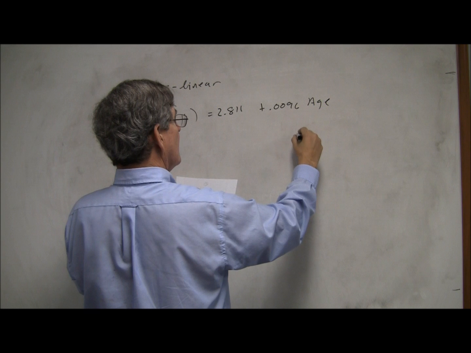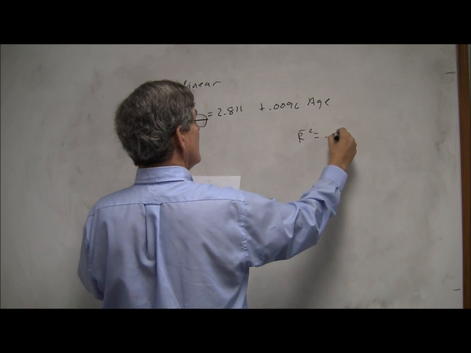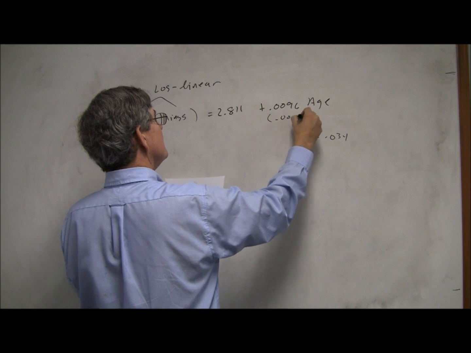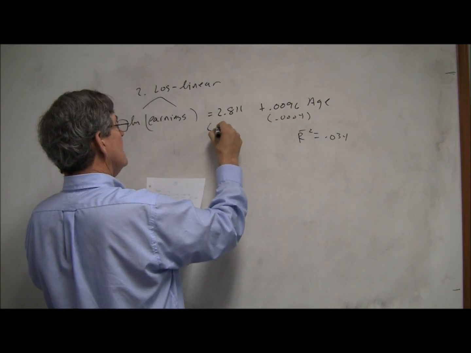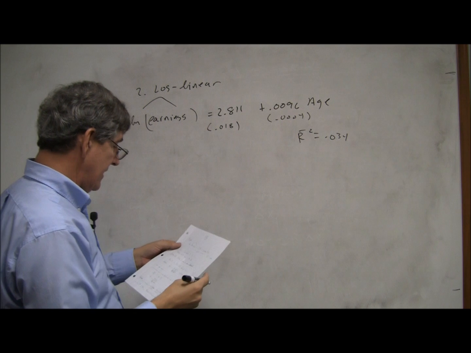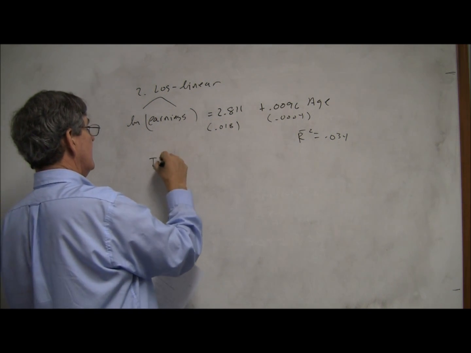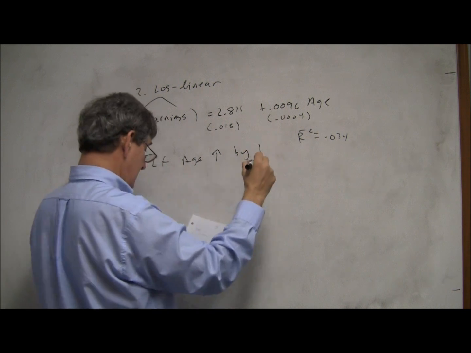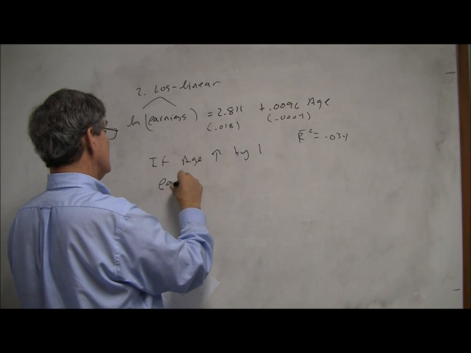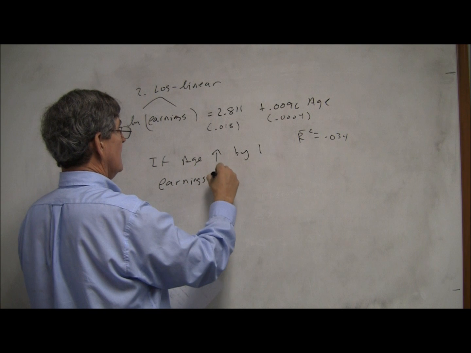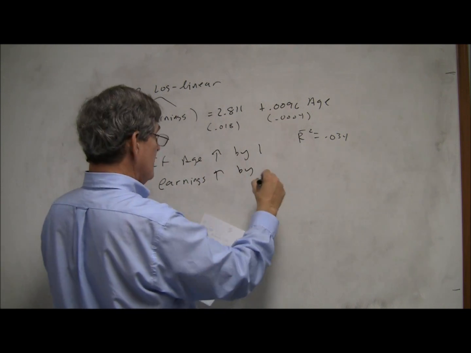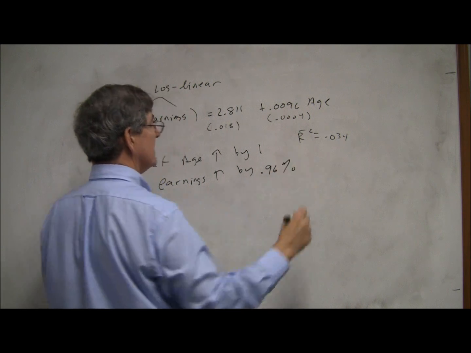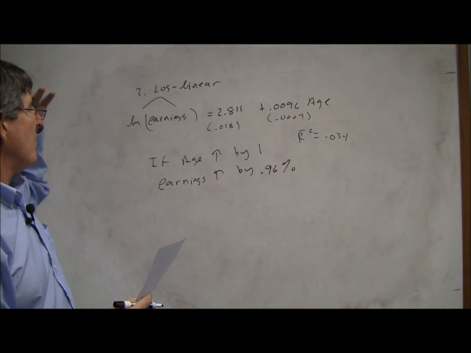R bar squared is 0.034, not so good. 0.0004 is the standard error there. 0.018 is the standard error there. So if age goes up by 1, earnings goes up by 100 times this, 0.96%. And so you interpret that model this way.